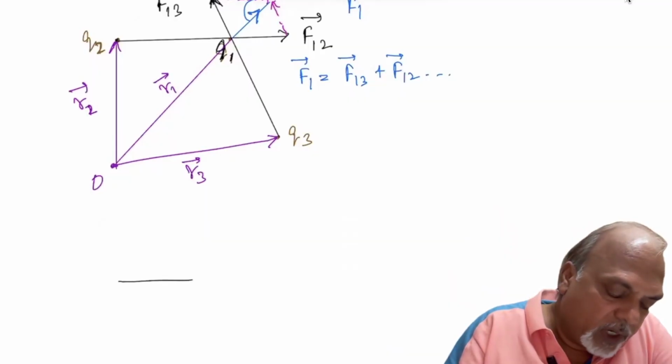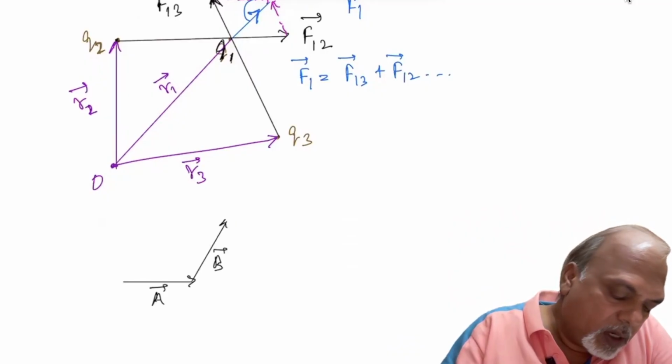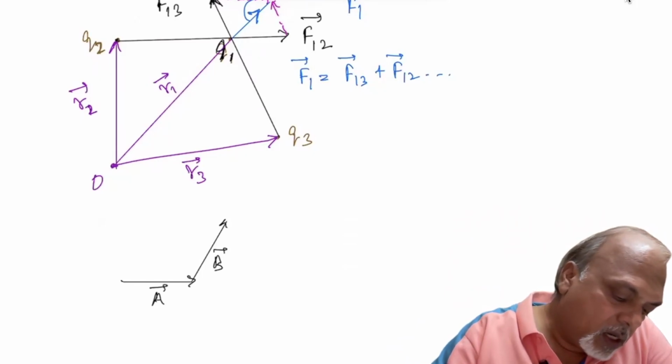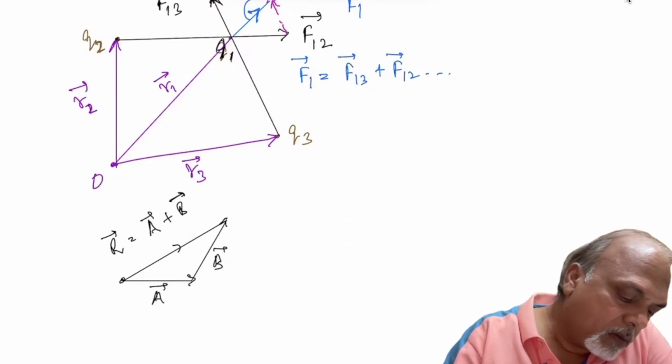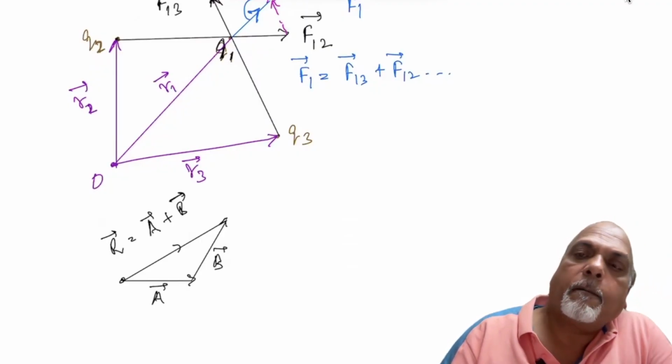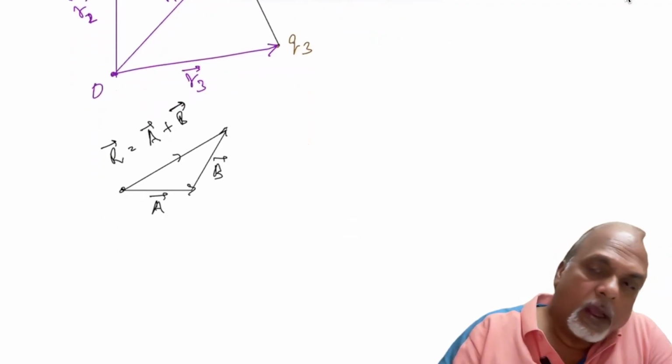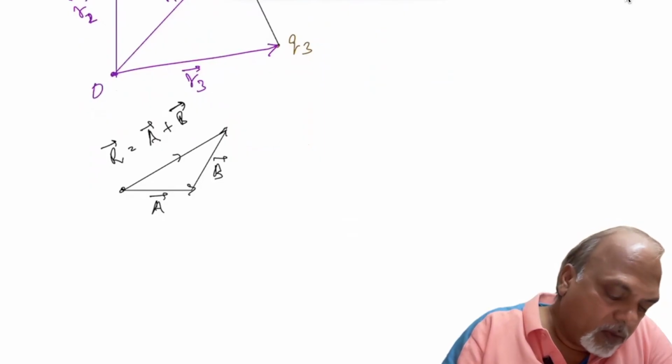Suppose you have a vector A, and if you are attaching vector B, then what is the resultant? Tail of this and head of this. And suppose this is your R, then it is basically this plus this. Correct? We can find out this way also.